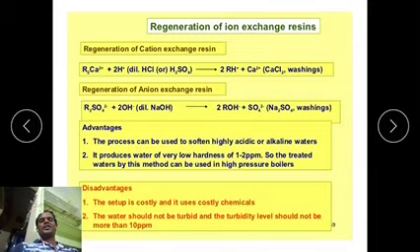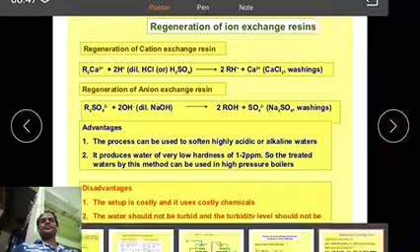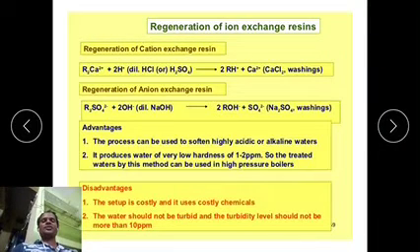Advantages of this process: it can be used to soften highly acidic or alkaline waters. The treated water has very low hardness of 1 to 2 ppm, so water treated by this method can be used in high pressure boilers.